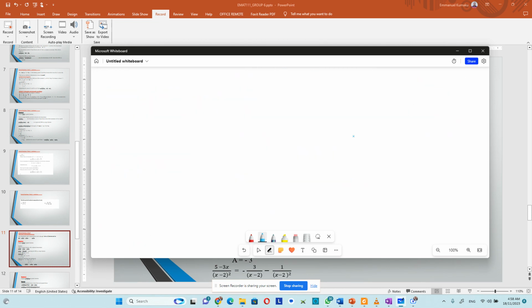What it means is that if I have a denominator which is (x + 1)^2, we are going to have A over (x + 1), plus B over (x + 1)^2.